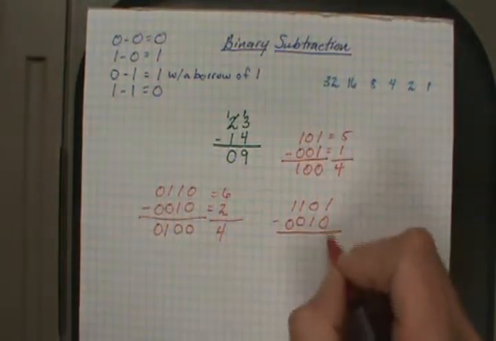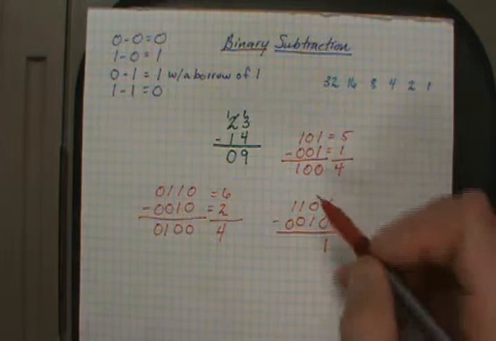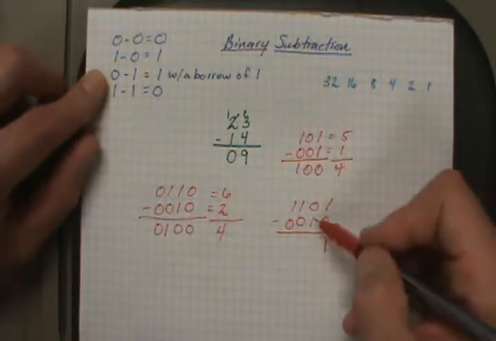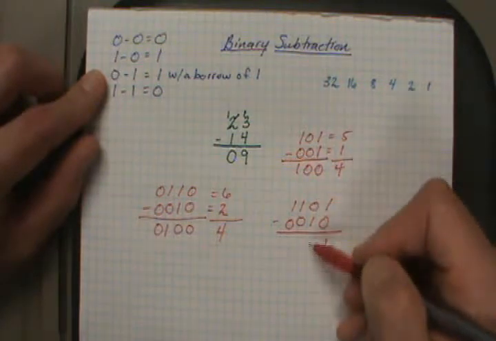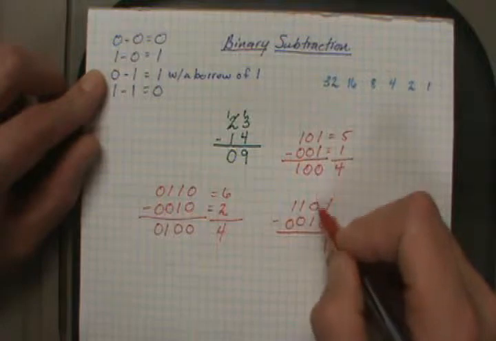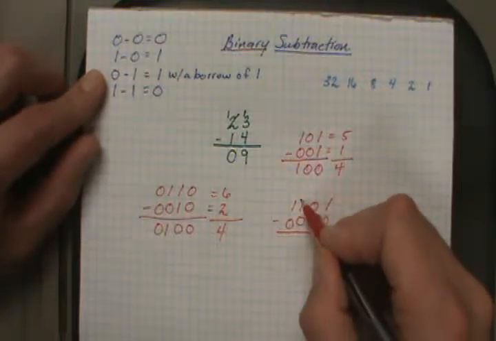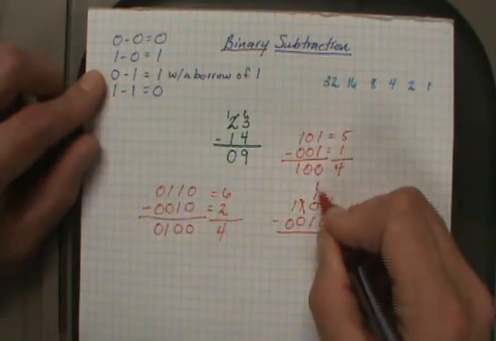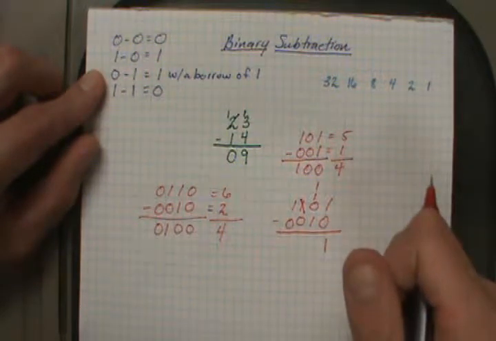So 1 minus 0 is going to equal 1. Now we get into the scenario, 0 minus 1. So what we need to do is borrow. We know that this is the 2's column, and this is the 4's column. 1 of these equals 2 of these. So if we move this one over, if we strike that one out, basically we're going to bring this over as such.